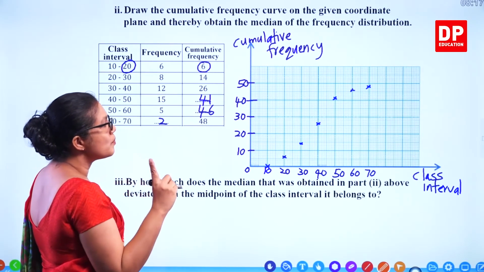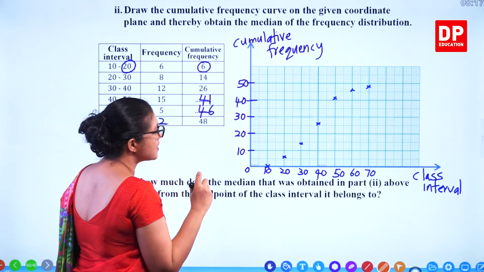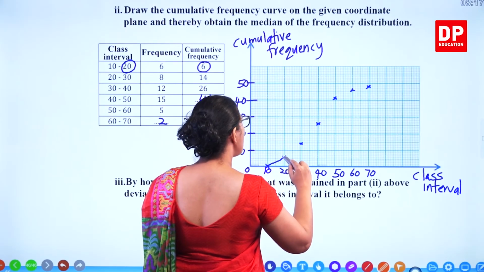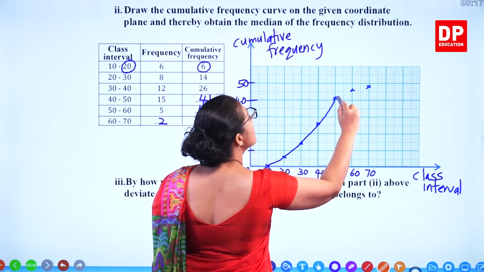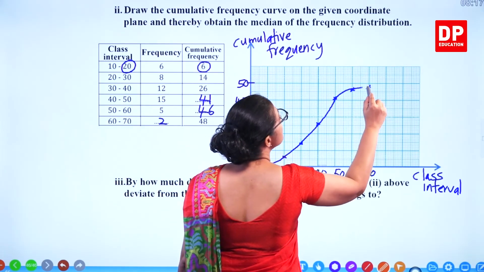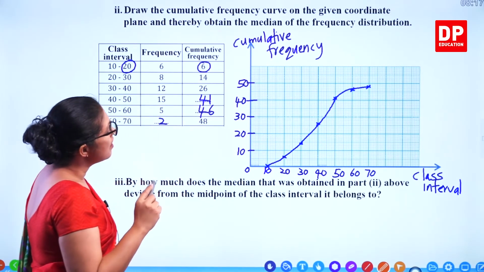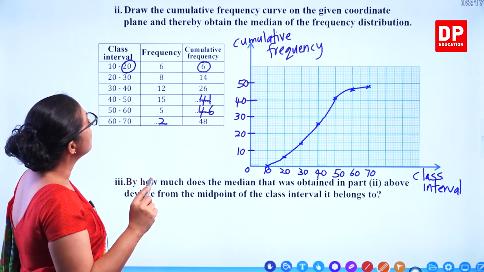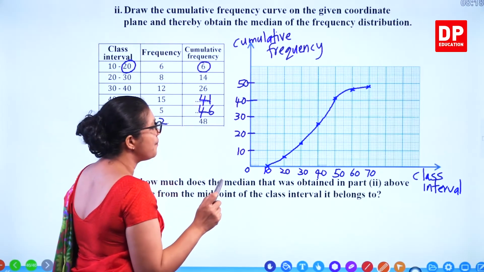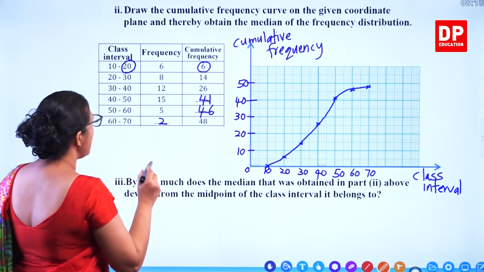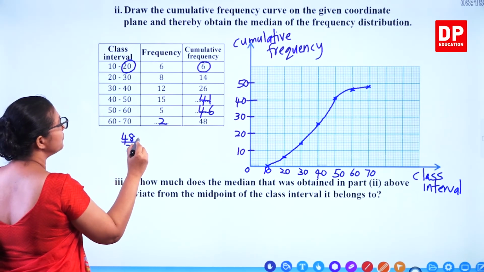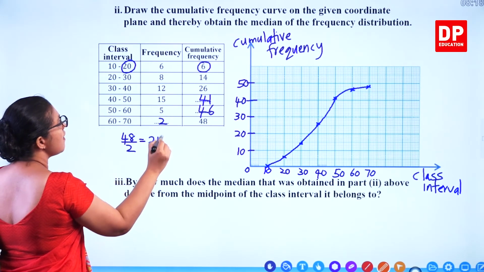Now you can smoothly connect the points. Try to connect smoothly. So you get a curve like this. That's the cumulative frequency curve. Now you need to identify the median. So what's the method? Altogether 48 is there. 48 divided by 2, 24th one.